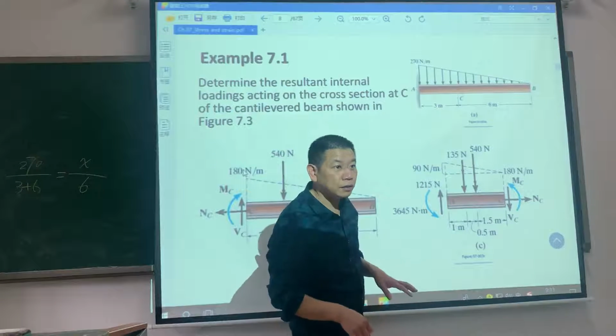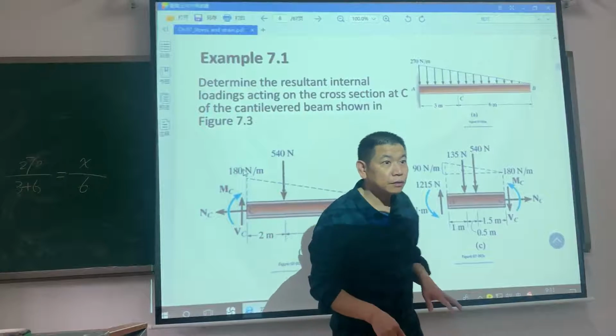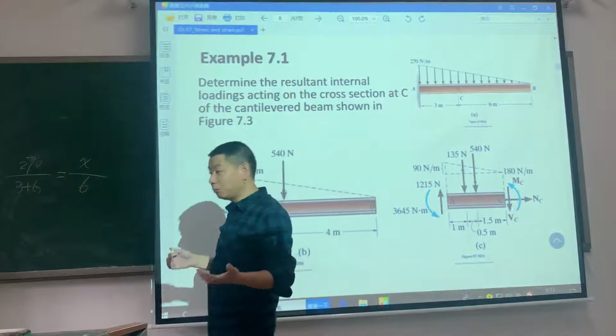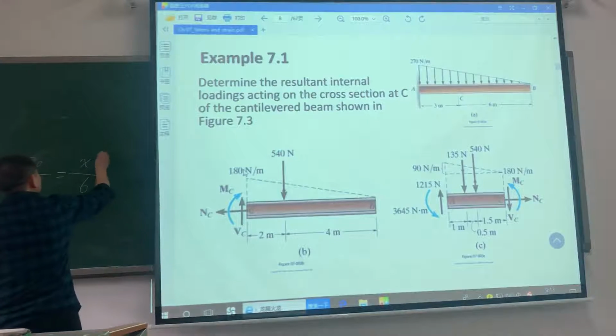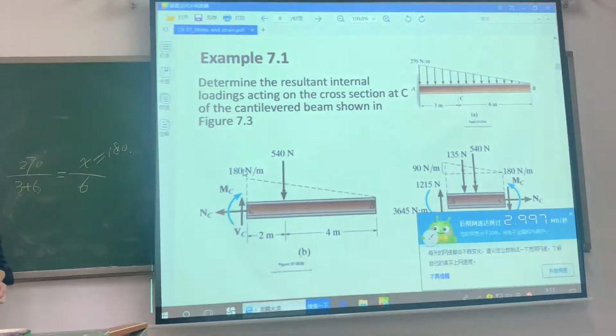Similar triangle. Geometry, similar triangle. So x equal... yes or no?